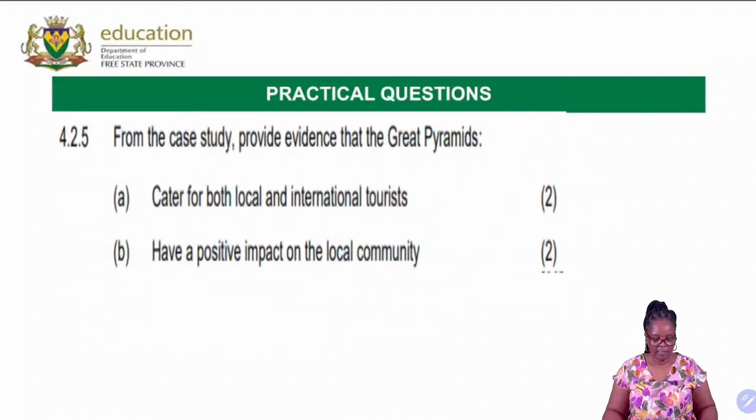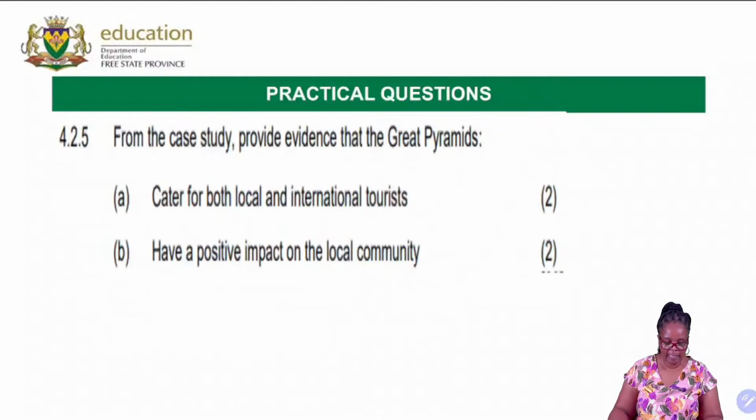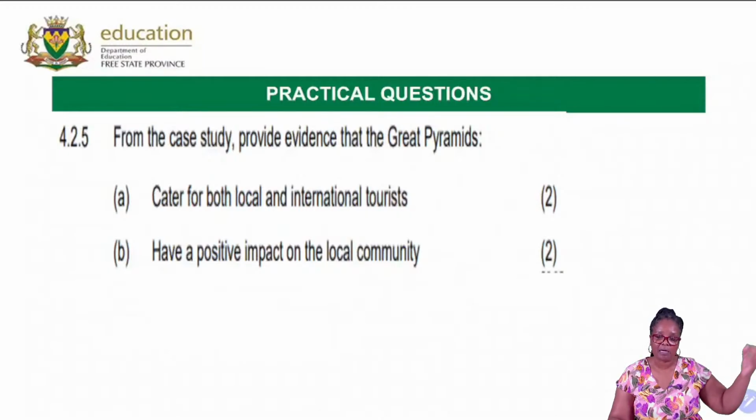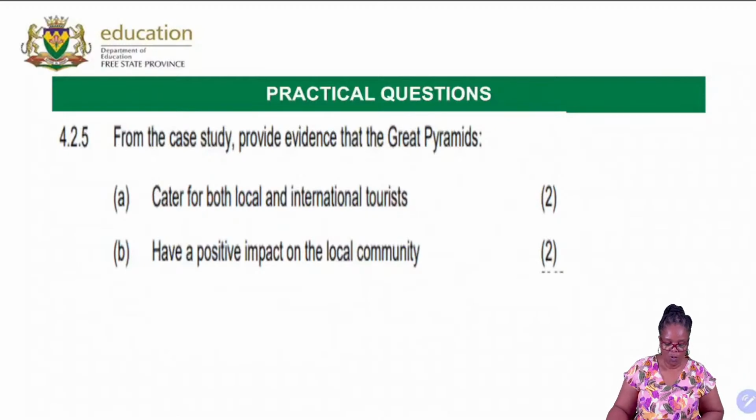We know that in the case study, it says that a new international airport has been developed. From that alone, a new international airport nearby means it is bringing international tourists. So it caters for international tourists.